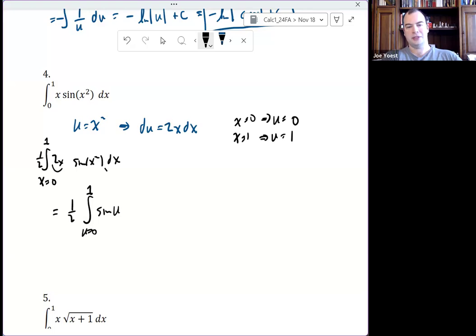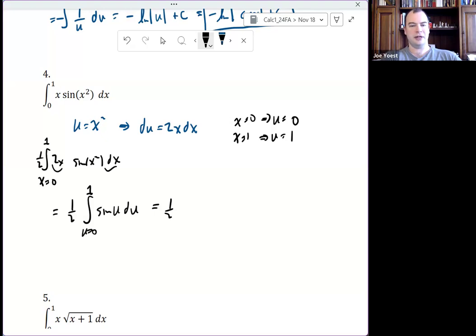And then my 2x dx is du. So I've got my constant in front, my 2x dx turned into du, my sine x squared turned into sine u. Everything in my integrand is taken care of, and I haven't used anything extra that's not there. And I switch my bounds appropriately into u. Even though they turn out to be the same number, I did make sure that I did that step.